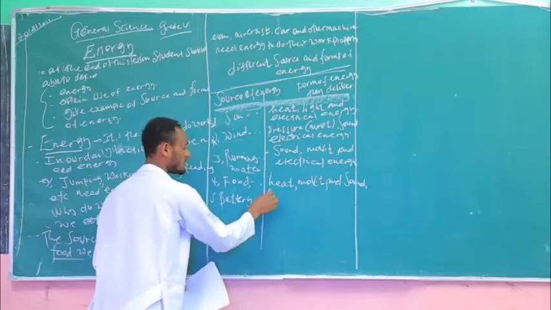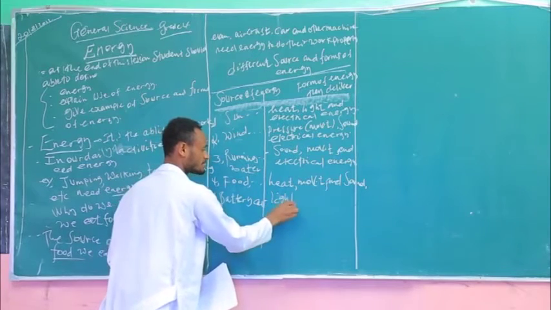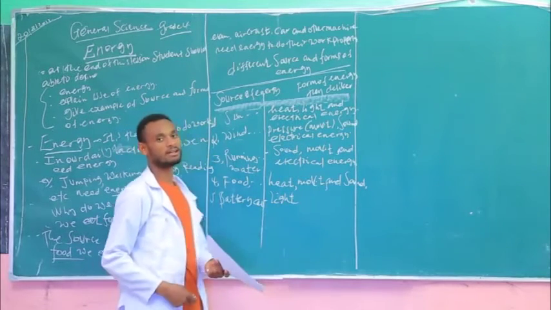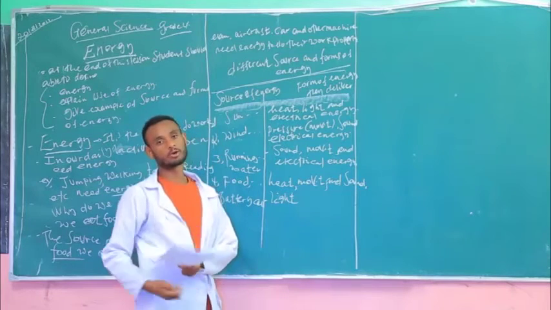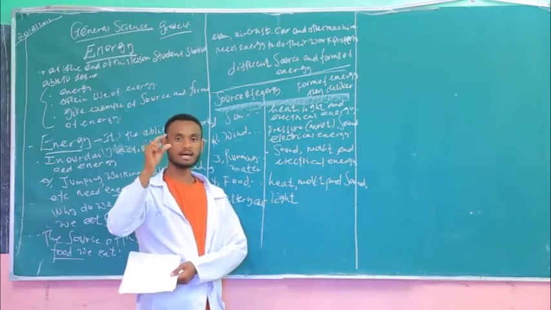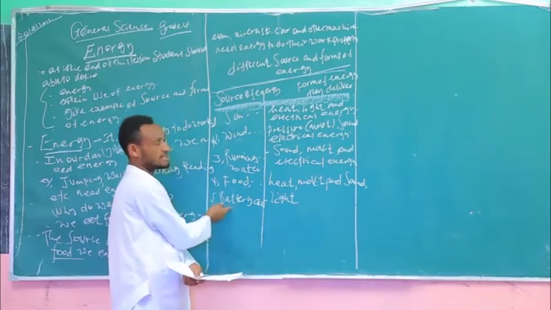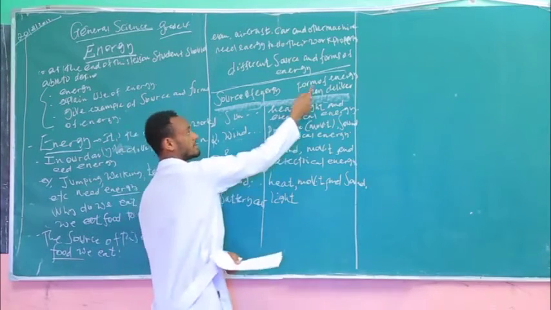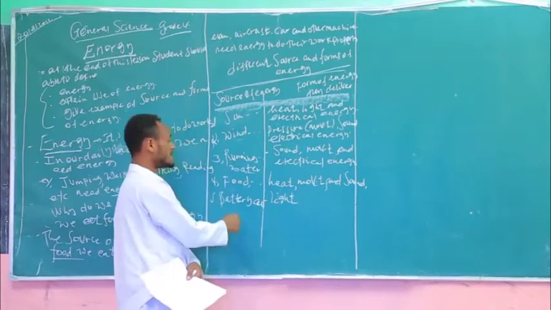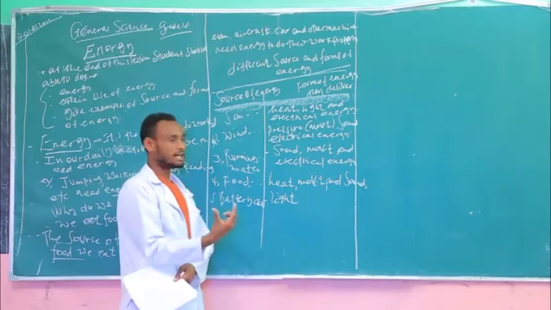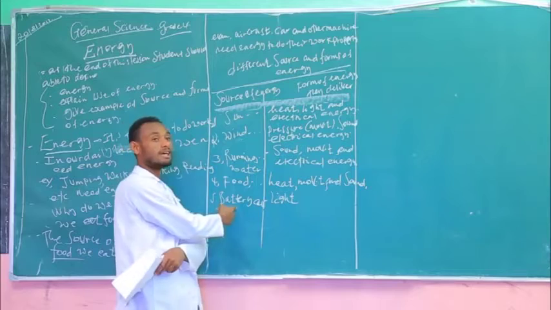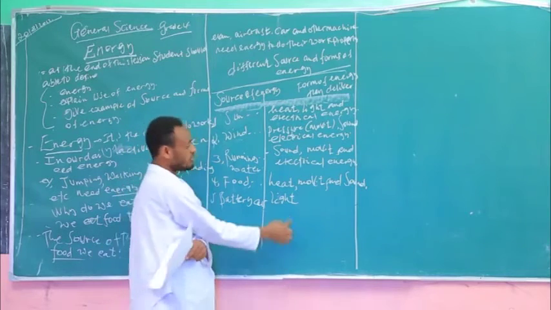The first one is in the form of light. For example, a photograph delivers for us the light, which is the energy we get from the battery cells. So the energy produced from the battery cell is delivered in the form of light.